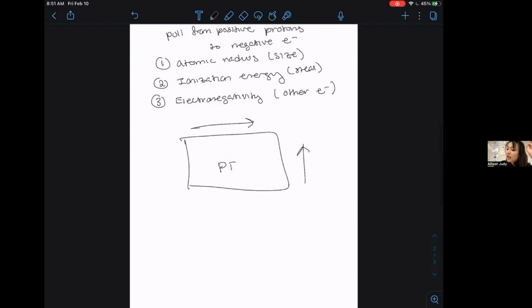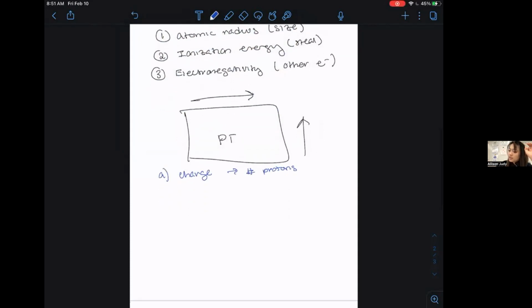There are two things that affect Coulombic attraction. The first is the actual charge, or the number of protons. The second is the distance, in terms of energy levels, electrons occupying energy levels, or rows.